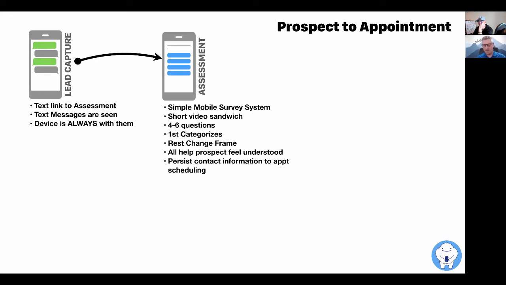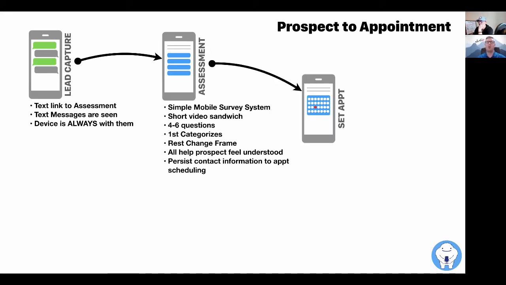If you want to have any kind of client pull the brakes, have that kind of information going on. When prospects get the wrong message, it upsets them. But when they get the right message, they're super thrilled. So we really pay attention to persistent contact information all the way from the text message all the way through to the appointment. So there's no double data entry, and there's no way for them to screw this up.